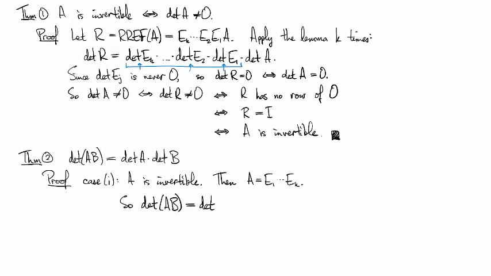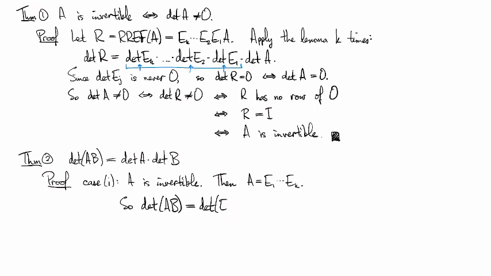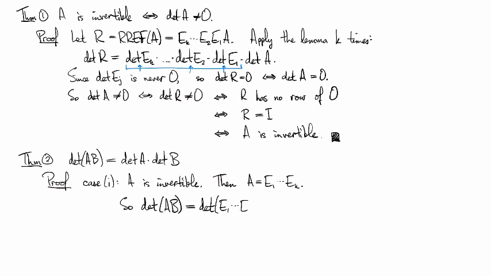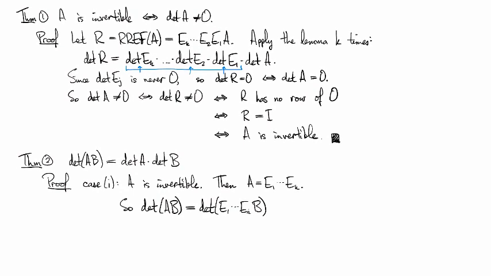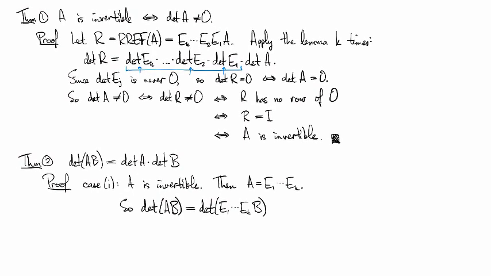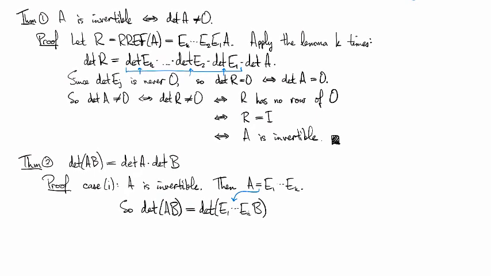So the determinant of A times B is the determinant of E1 times all these elementary matrices times B. I've just substituted the product in right there.